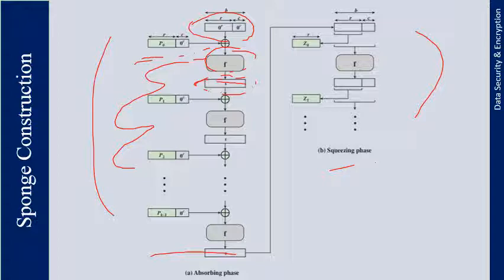Otherwise, the sponge construction enters the squeezing phase. To begin, the first r bits of s are retained as block Z0. Then the value of s is updated with repeated execution of f.